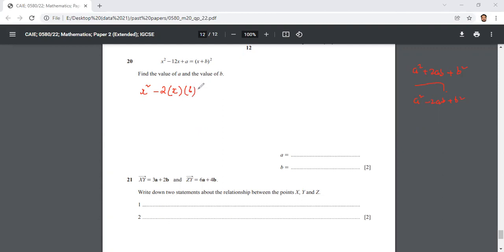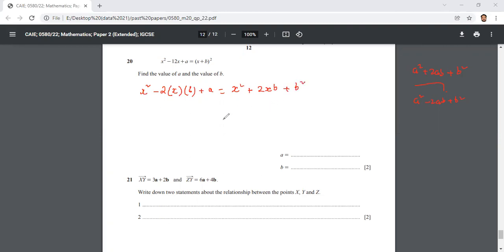In this way, we will find out what a is. I try to make this form, like the expanded form of (a minus b) whole squared or (a plus b) whole squared. If you expand this one, it would be x squared plus 2xb plus b squared.